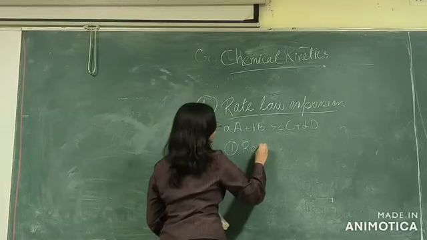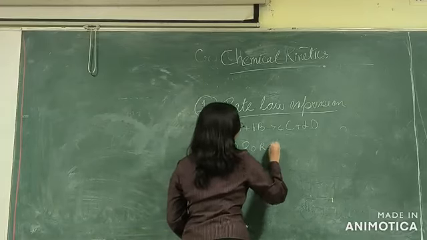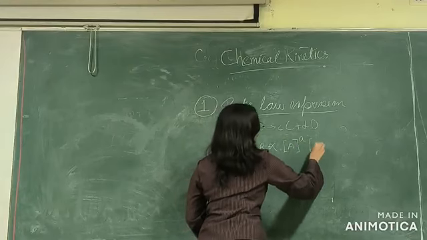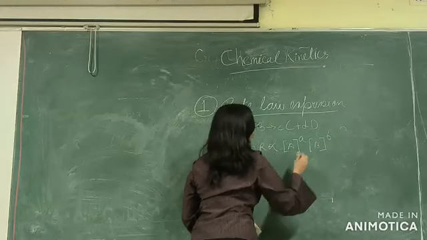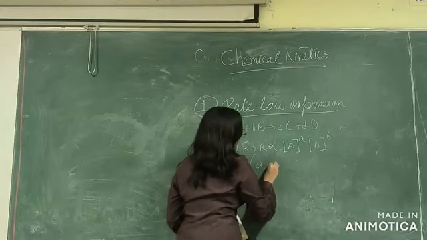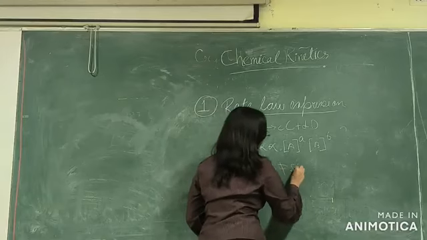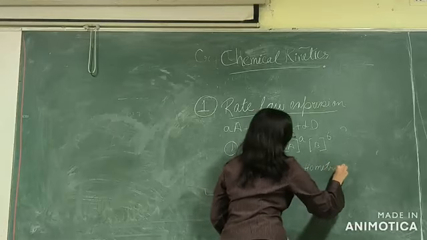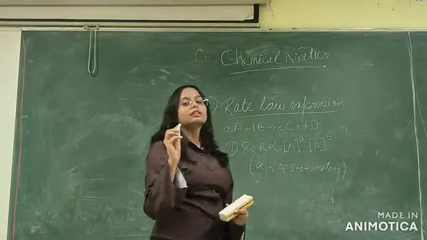That is, the ROR is directly proportional to concentration of the reactant to the power a, concentration of another reactant to the power b, where a, b are not the stoichiometry.